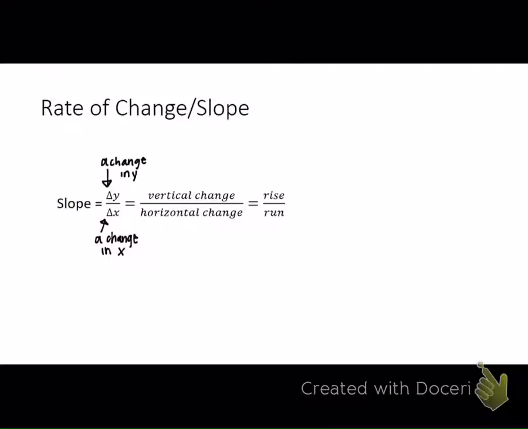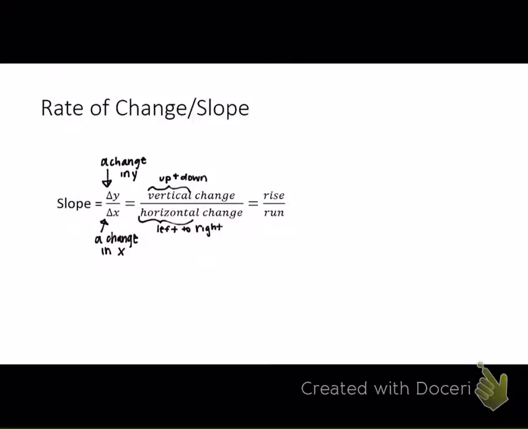So the y is the vertical change, which is up and down. If you guys don't know what vertical is, that's up and down. And horizontal is left to right. I think horizontal is so stretched out, and then vertical has a lot of straight lines in it.